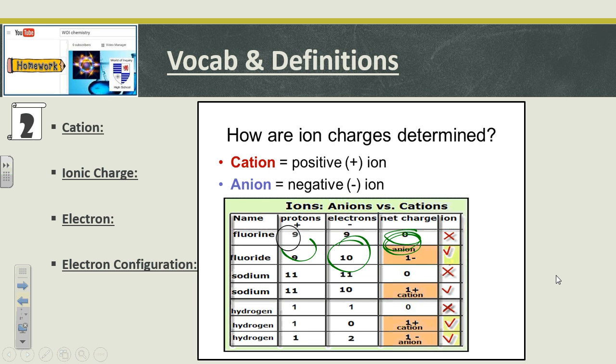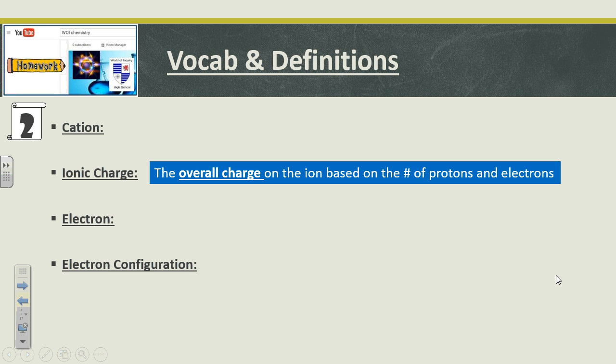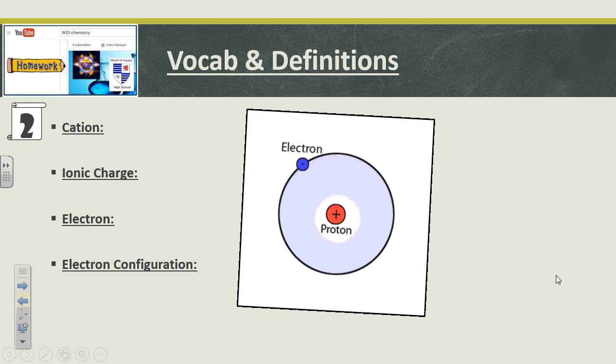Electrons are more than protons, so when I subtract those two numbers, I get a -1. That's my charge. My net charge is my ionic charge, the charge on the whole thing, protons and electrons. The overall charge on the ion based on my total number of protons and my total number of electrons. It will be easy math, but it will be math nonetheless.